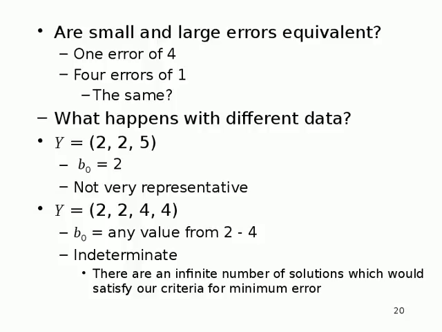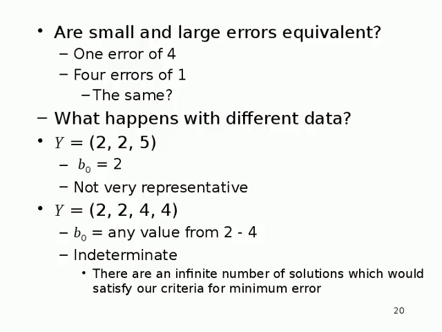If I have, in the other case, data that are 2 samples of 2 and 2 samples of 4, the value could be anywhere within that range. It's indeterminate, right? I don't know what the best model is. But one thing I can say is that there are an infinite number of solutions.